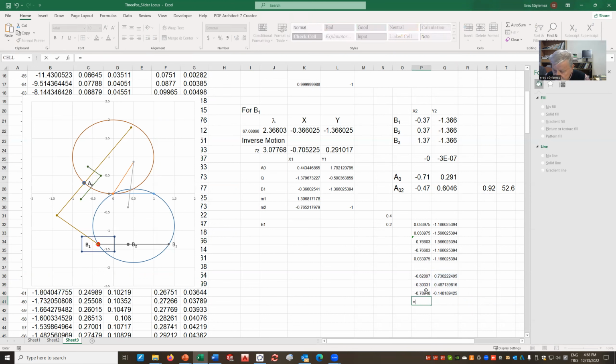And then this point plus 2 times 0.2 times cosine of this angle plus pi over 2 is equal to this point plus 2 times this length times sine of this angle plus pi over 2.